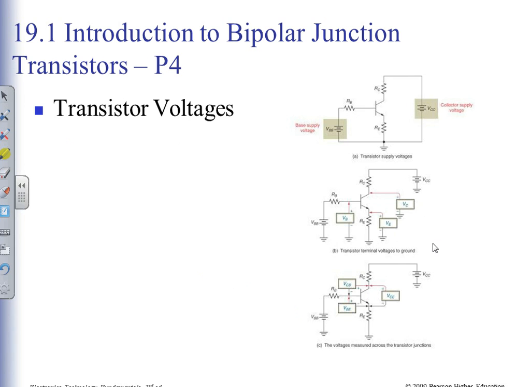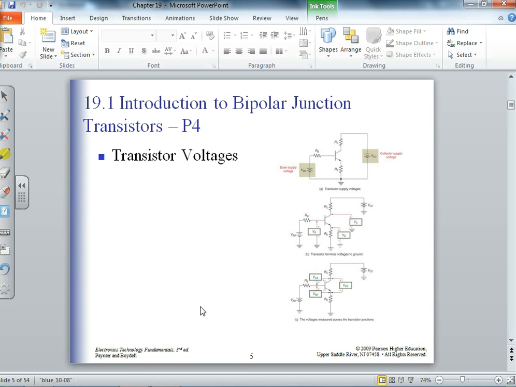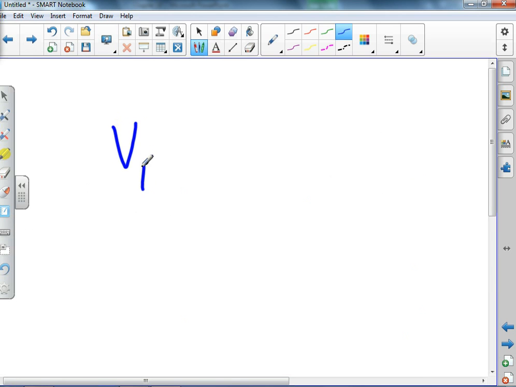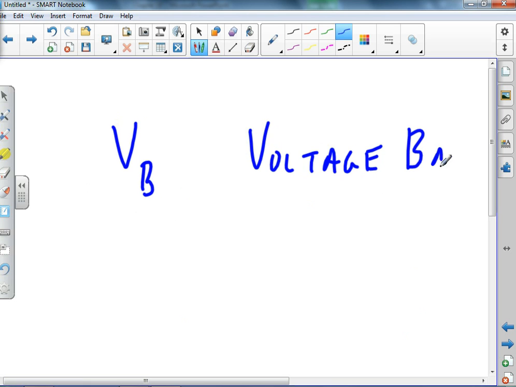When I have voltages and currents, if I use capital letters, say VB, then that's the voltage at the base, the DC voltage at the base.